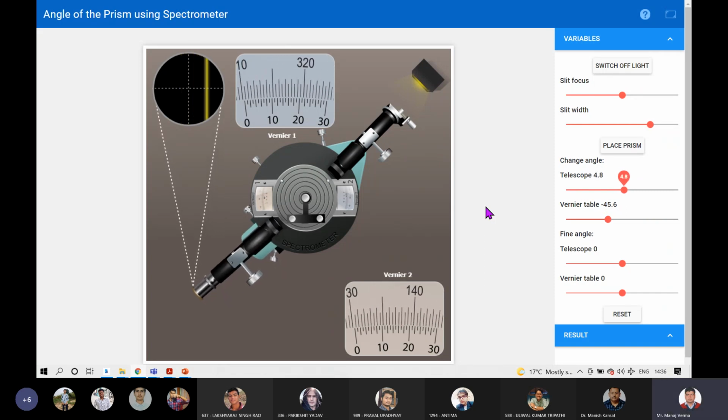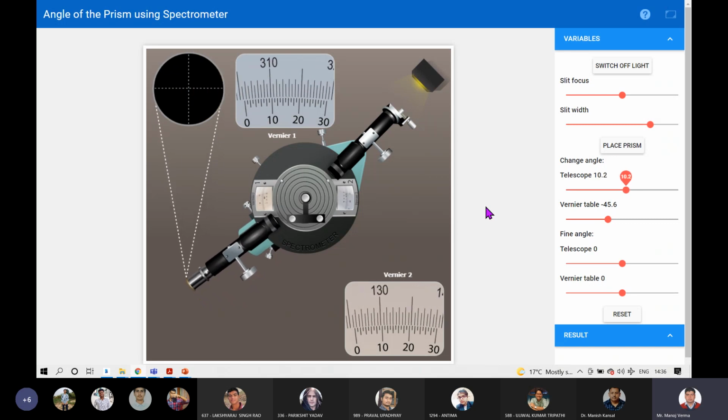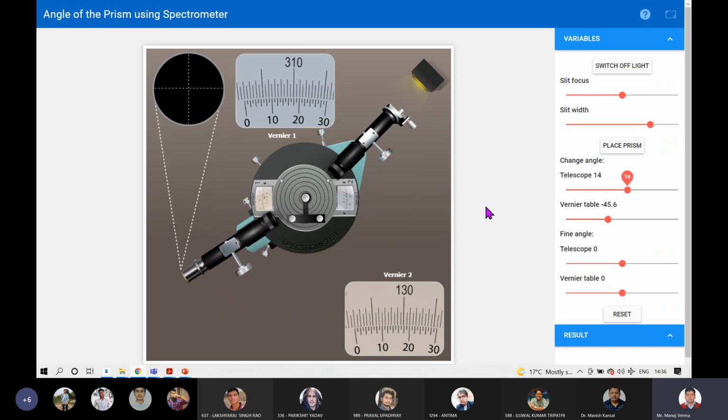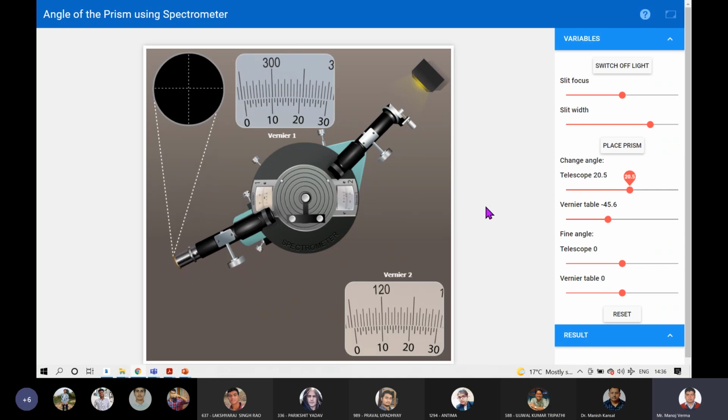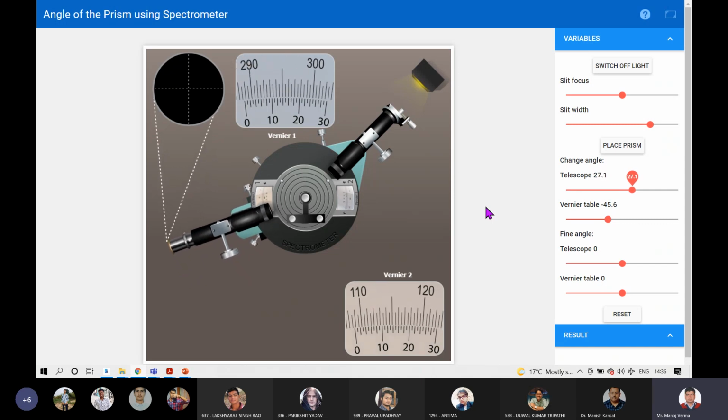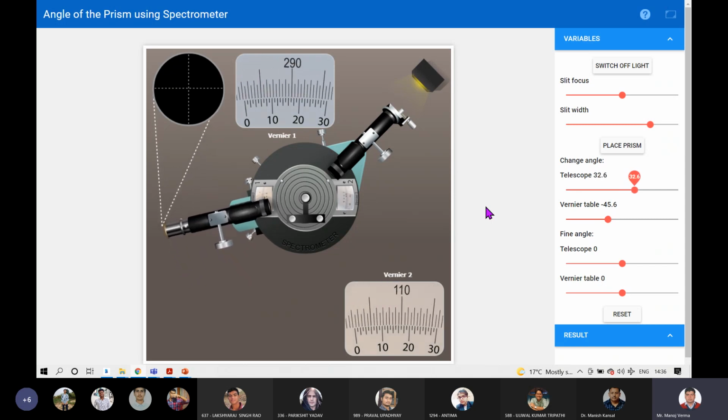You can see I am rotating this telescope; as I change this slider, the position of the telescope is changing. As the angle between this collimator and this telescope changes, the readings on this vernier scale also change.